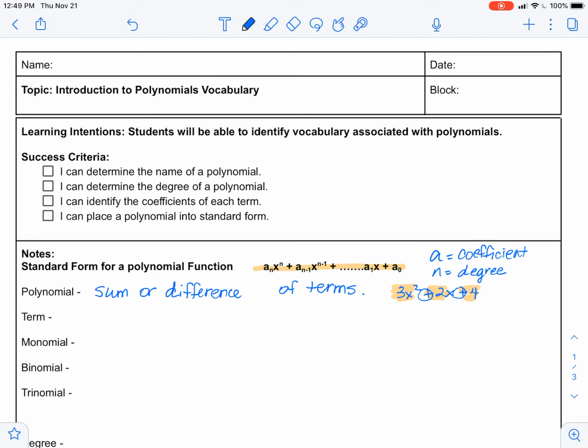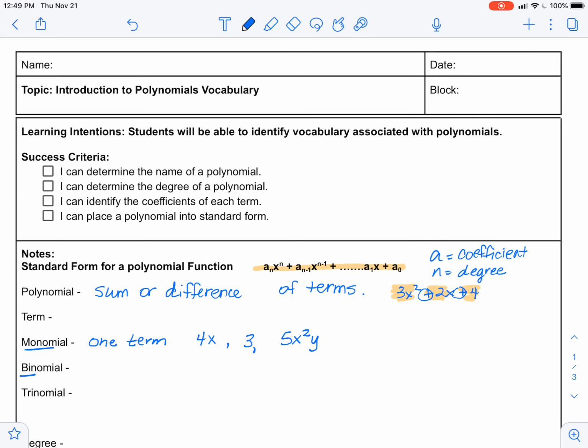So now, in terms of terms, let's talk about what we have there. A monomial is what we call a one term, coming from the word mono. So it would be something like 4x, it might be 3, it might be 5x squared y. Any of those would be monomials.